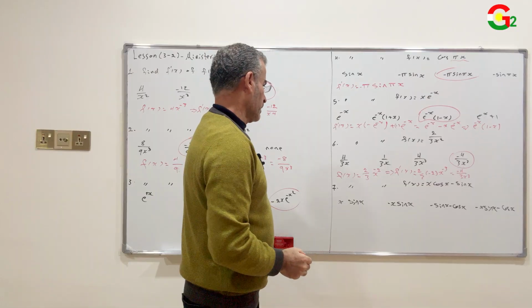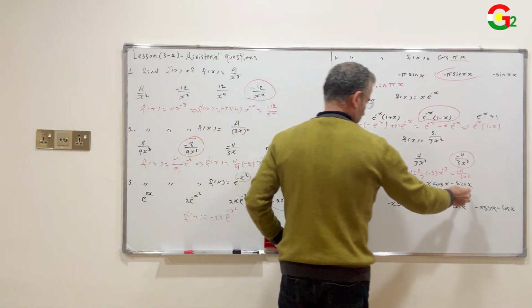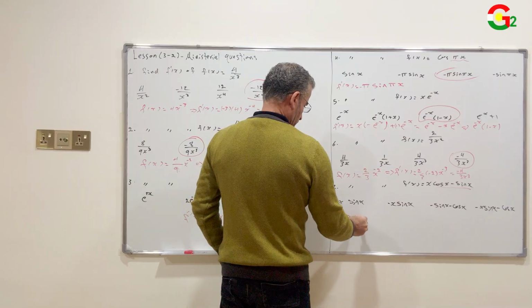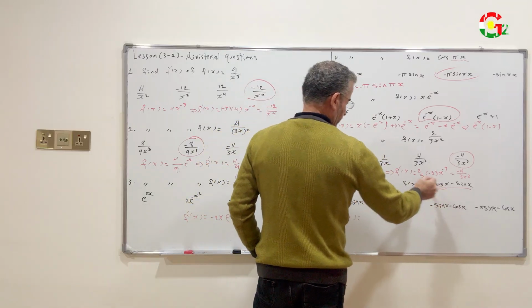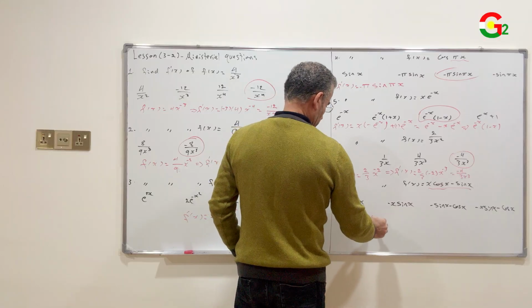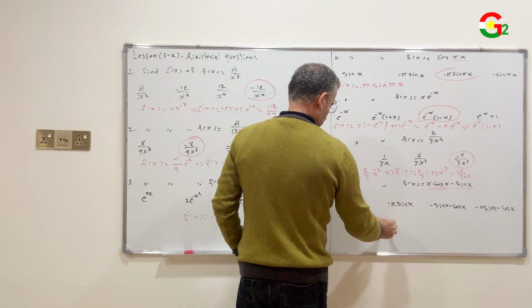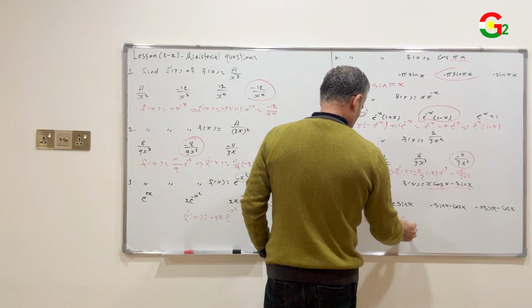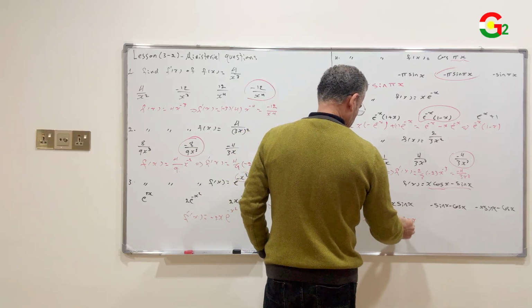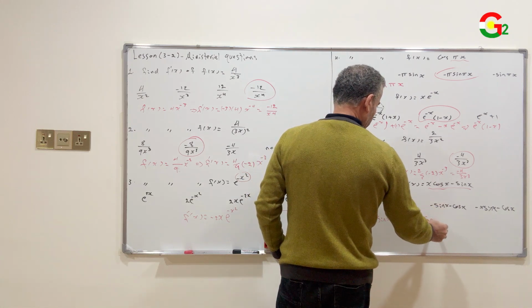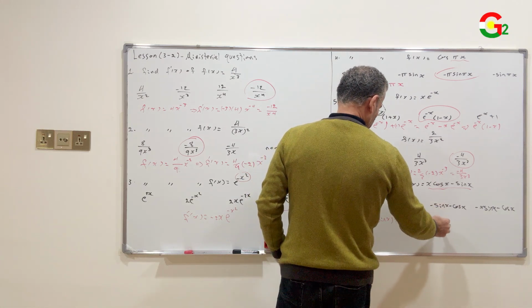Question number 7, find the derivative of this function. F prime of x equals, applying the derivative of multiplication of two functions, x times negative sine x plus cosine x times 1, the derivative of x, minus the derivative of sine, cosine x.